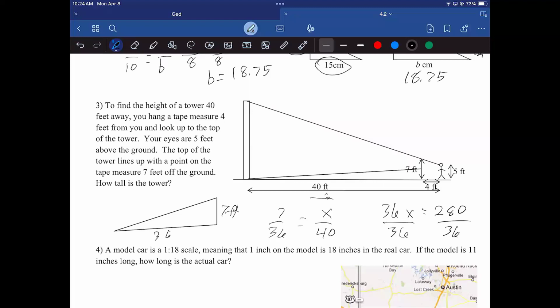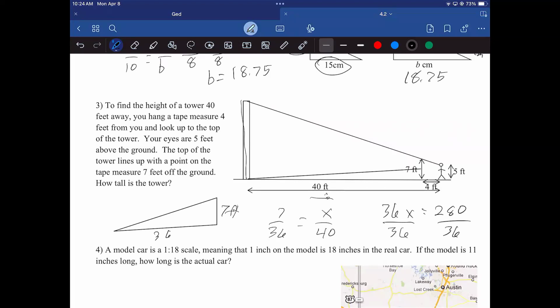That seems a little weird. What do you think, Ghazi? Yeah, how tall is it? Using similar triangles.